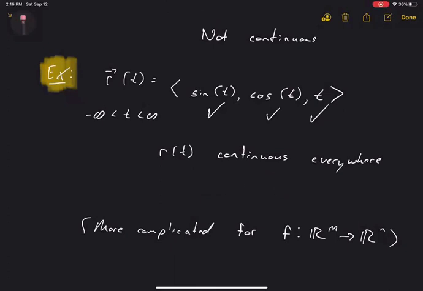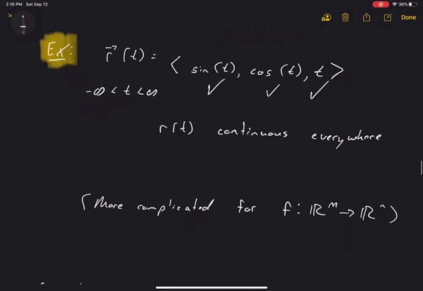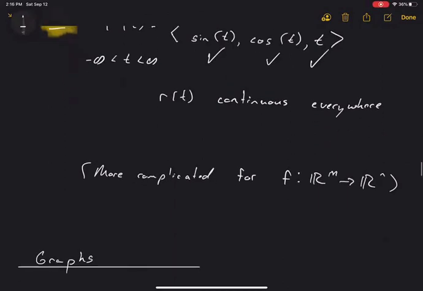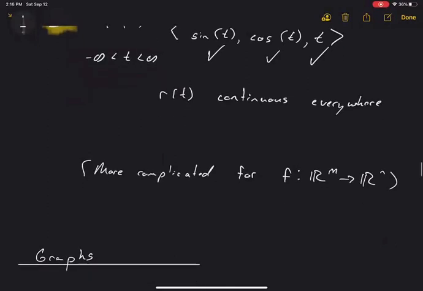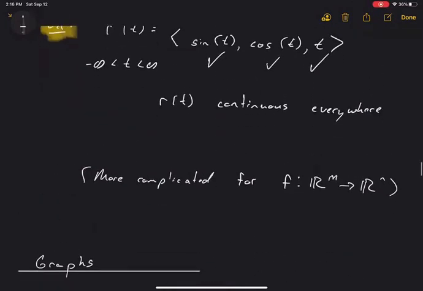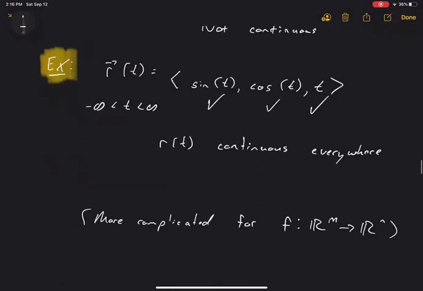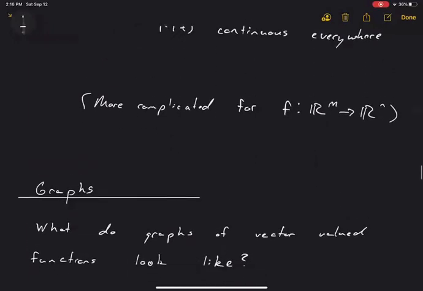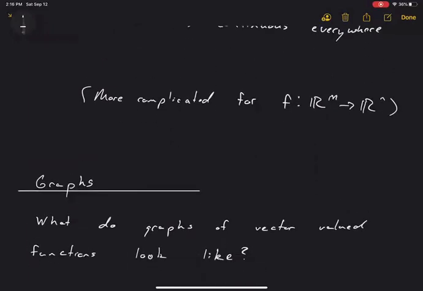That's just a technical point and probably shouldn't be important for you. The more general case is more complicated, which we'll deal with in chapter 14. But we're starting off nice and light in chapter 13. So limits and continuity are really pretty straightforward. I just look at the components.